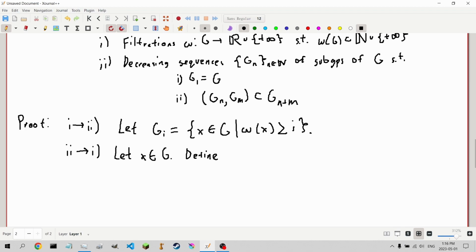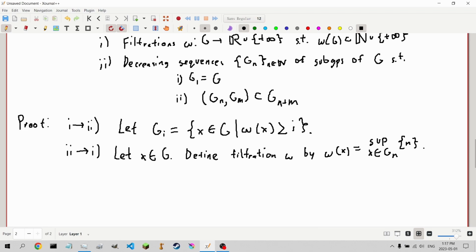Define a filtration omega by omega of x is just going to be the index of the largest G that contains our element in question.